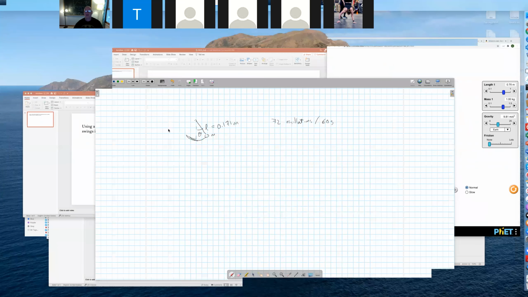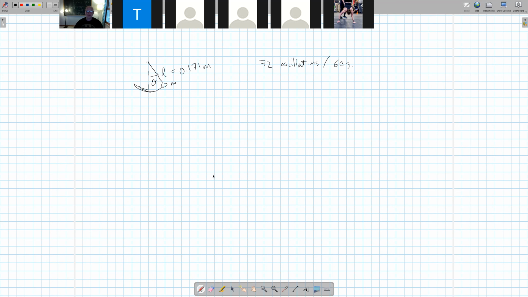Is it 1 over 72? That's right. So it's just going to be 60 divided by 72. So good. So in this case, what we know is that the period of a single oscillation is going to be 60 seconds divided by 72 oscillations. Right? This is then going to be the period.